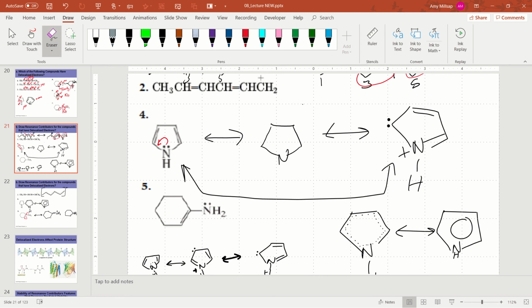Let's go the other way. Those arrows. Move it here and place this here as a lone pair. Then I have to draw the product of that reaction. I have to draw that I still have this pi bond. If I number nitrogen as 1, 2, 3, 4, 5, between 4 and 5, I still have the pi bond.